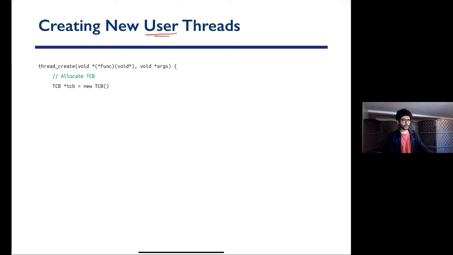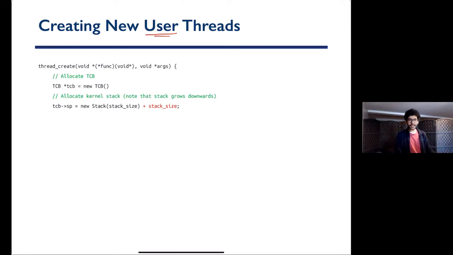The first thing I do, I create a TCB. Then I allocate a stack for this. This is a kernel stack. And please note that I'm adding this stack size because the stack grows downwards. So you need to go to the higher address and then go down.